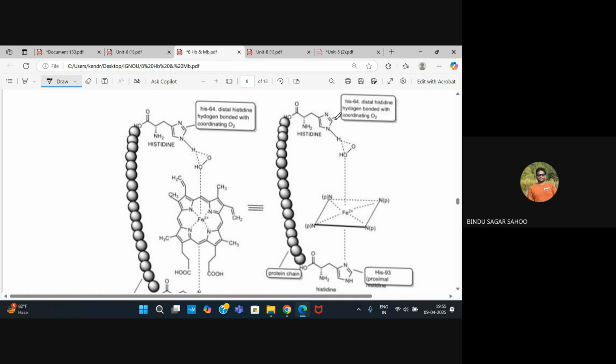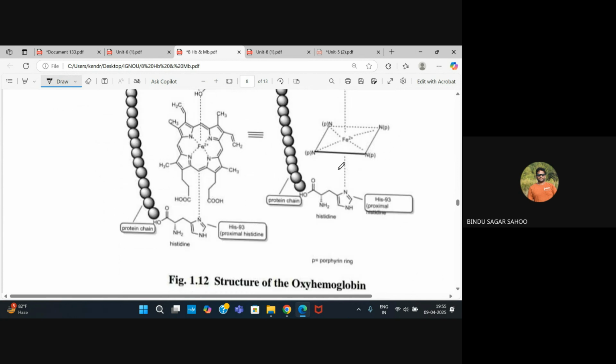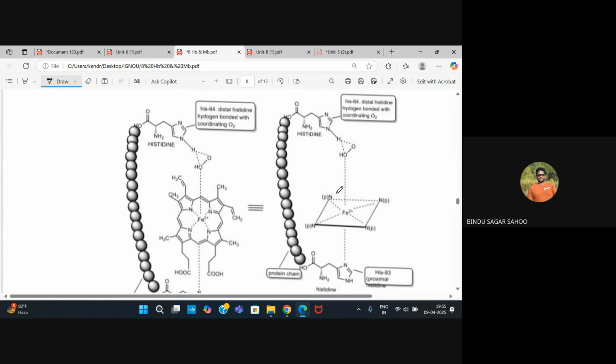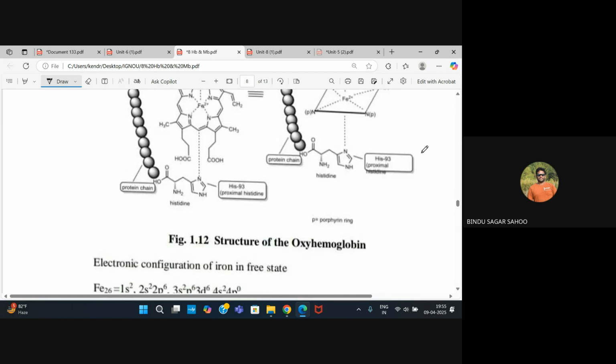Here the histidine is present, and here also the same histidine is present. But here the oxygen is also making a coordination with the iron. And along with the oxygen coordination, on the other side the oxygen atom is also making a coordination with this histidine. Okay, that's why this histidine is called distal histidine, and this histidine is called proximal histidine.